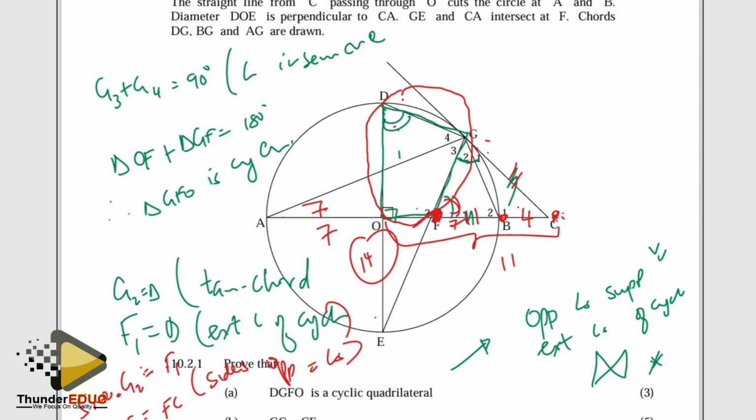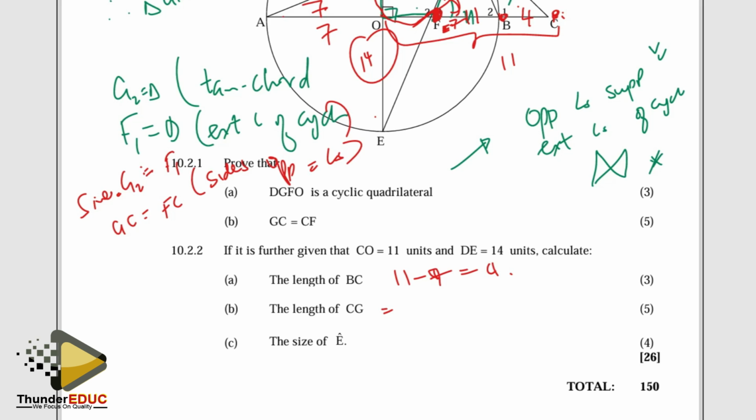I'm going to look at it as CF. It's going to be a bit lengthy because I need to prove that some triangles are similar. How many marks is it? It's 5 marks. Yes.